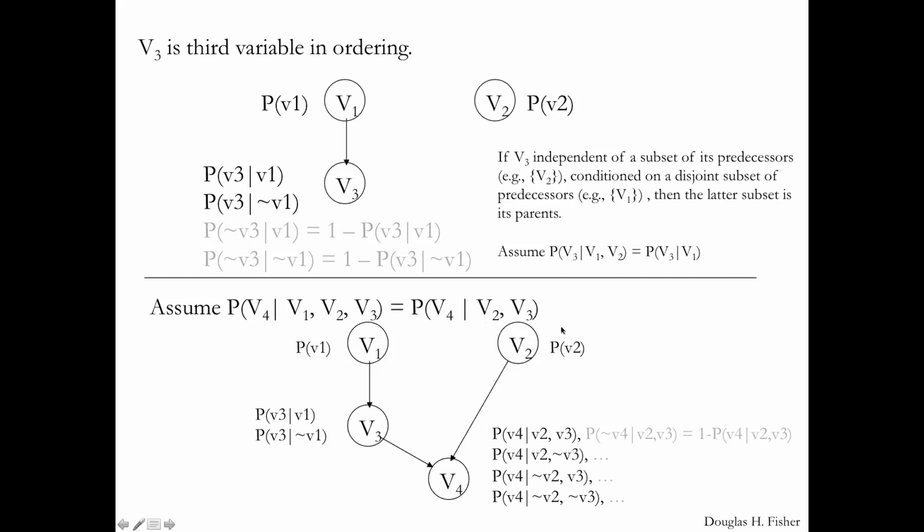So given V2 and V3, that's the second set here, V1 in this case is in this first set. It is rendered unnecessary if I know V2 and V3. It adds no additional information. So in this case, I would make V4 a child of V3 and V2. And then again, assign the various probabilities.